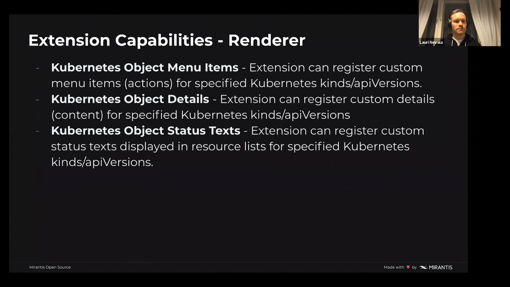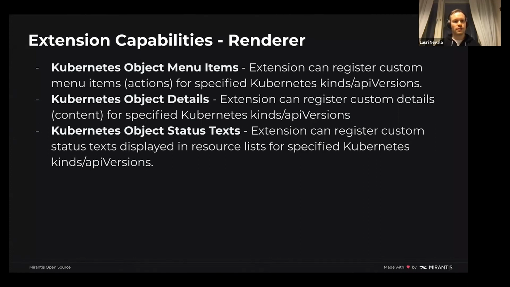Then the extension can register some object menu items. Those are visible for Kubernetes resources. And actually we have changed, for example, the pod logs and shells to be extensions internally.